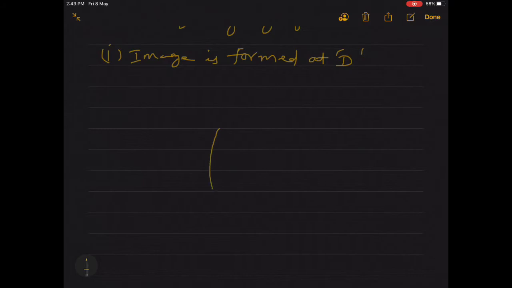So let this is the convex lens we are using as simple microscope. This is the symmetrical vertical line, this is the principal axis of this lens, this is optical center, let this is focus.